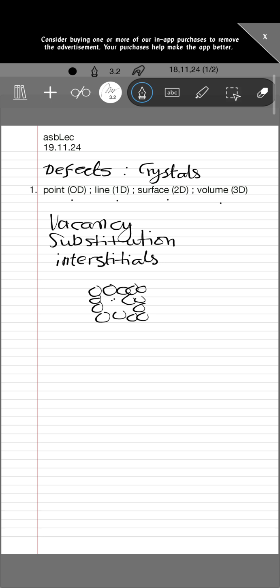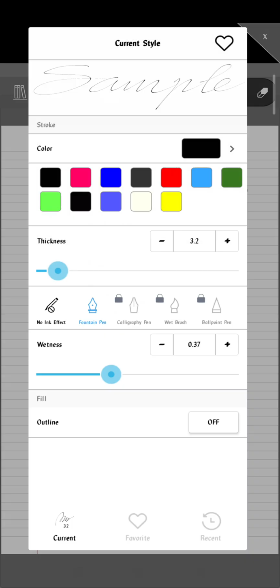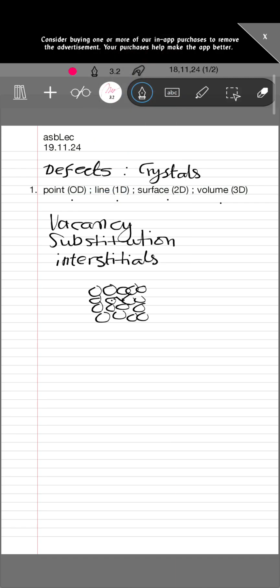Or it may so happen that one of the atoms may be replaced by atoms of different kind, so that becomes a substitution. And apart from this, it may also so happen that the interstitial positions of the atoms are filled with atoms of different kind, so that comes under interstitial defect.